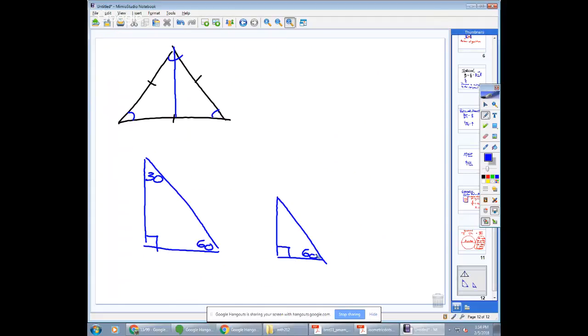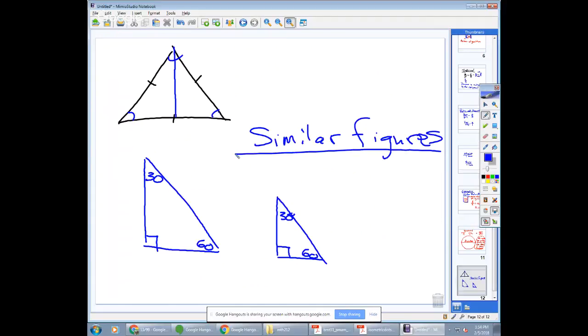This triangle right here could have 60 degrees there and 30 degrees there. They're different sizes, but they're the same shape. These are what are called similar figures. Similar figures have same shape but maybe a different size.